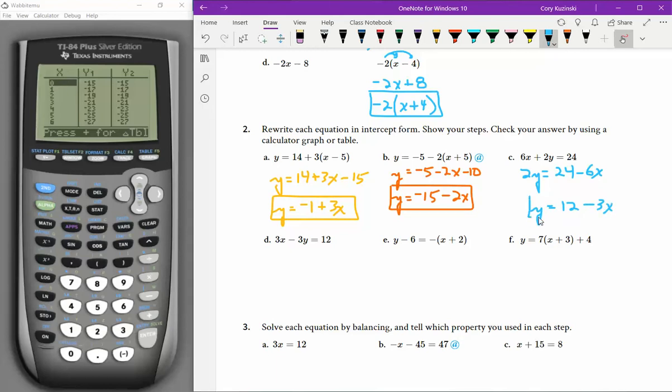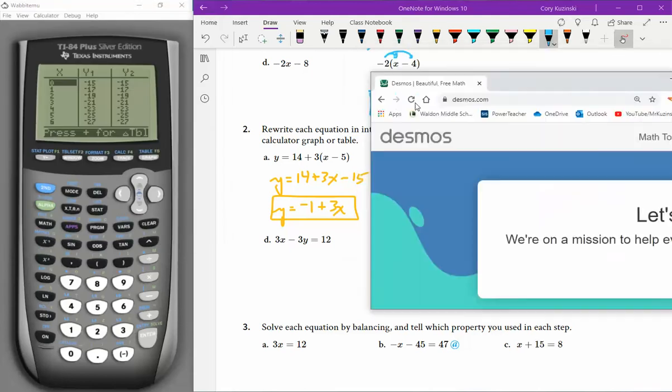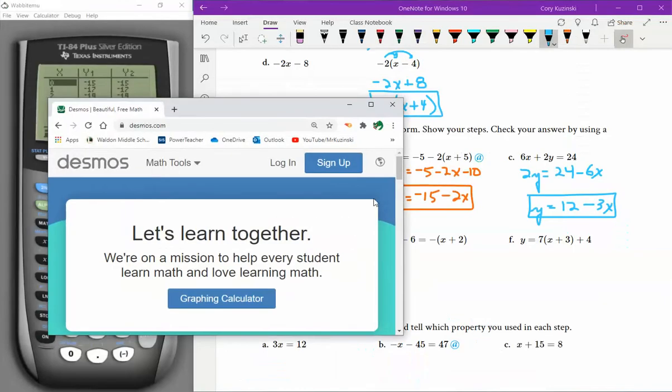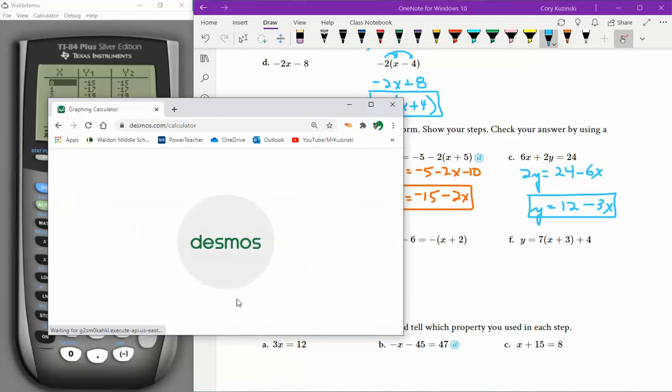We can't really punch both of these into a graphing calculator because the graphing calculator requires that we have them both solved for y, but this is a place where Desmos.com might be an advantage to us. So let me bring that up here. Let's go to the graphing calculator.